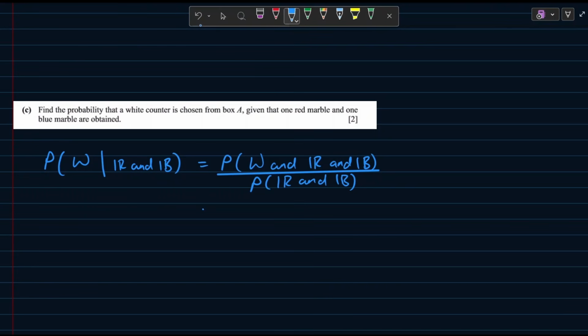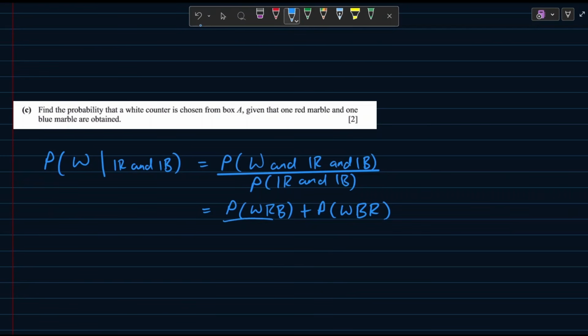I hope you can see that our top is just the probability of white, red, and blue, or white, blue, and red, because they didn't specify that it has to be 1 red marble first and then a blue marble, as long as you pick 1 blue and 1 red.